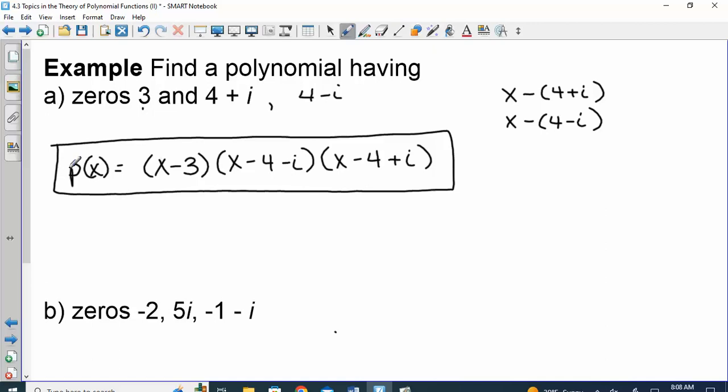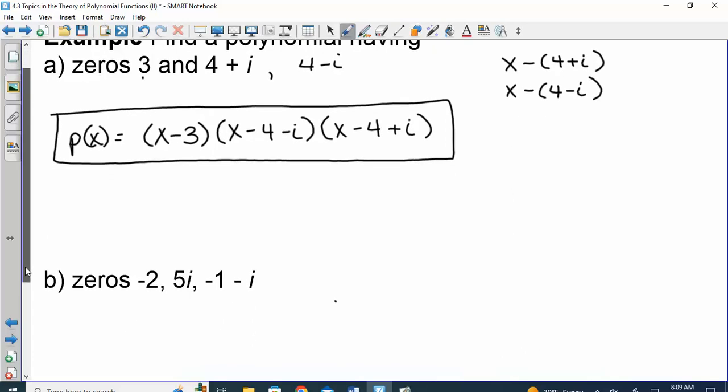And so I have my polynomial from that. I will not make you multiply it out. You're going to leave your polynomial in factor form. All right.